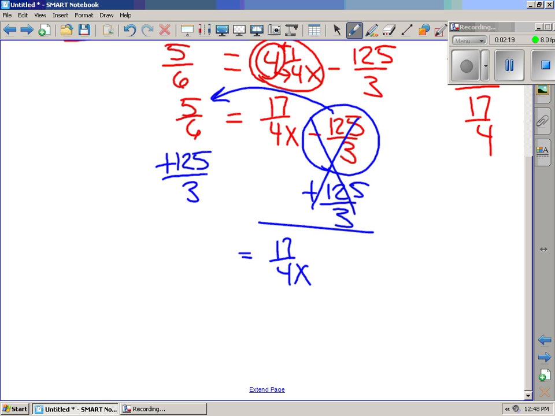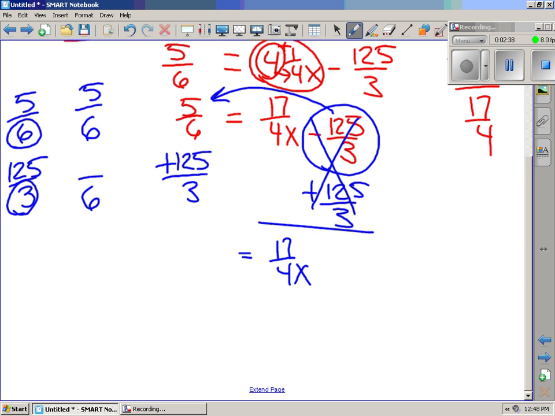And then on the left side, we need to make sure that these have the same denominator before we go ahead and add them. Both 6 and 3 go into 6, so we can use a denominator of 6. The 5/6 doesn't change because it already has a denominator of 6.